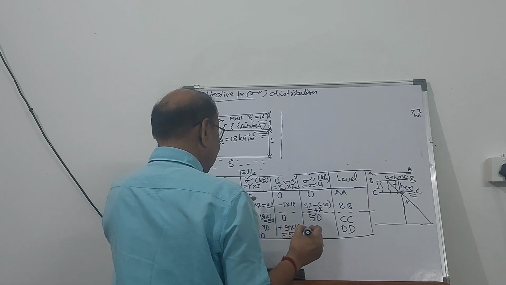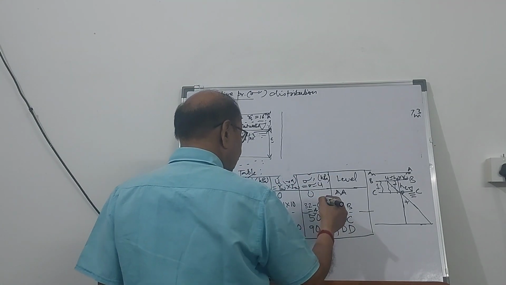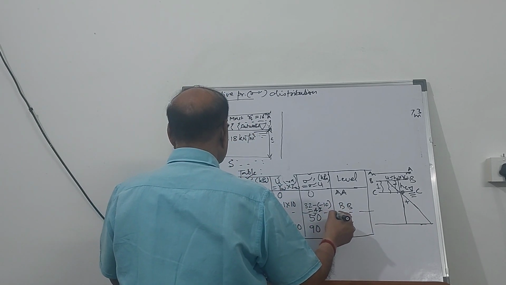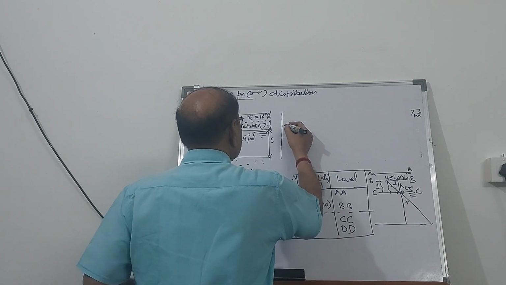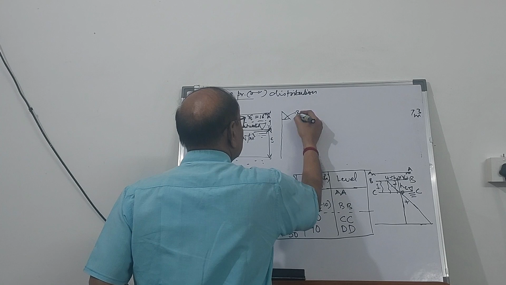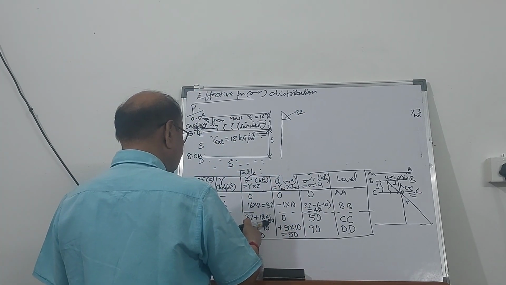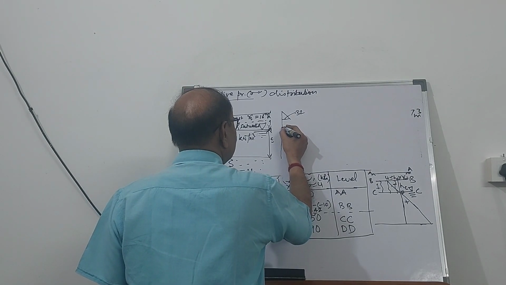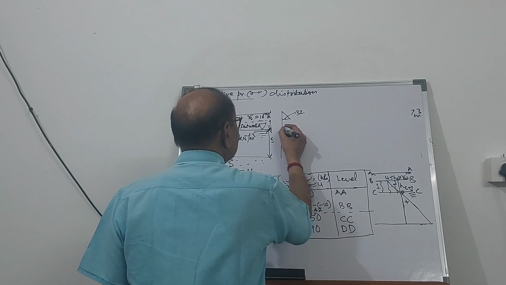If I want to see, there is zero pressure at A. So the pressure is zero here. But the moment you come 2 meter down, your total pressure is going to be 32. So at this level, it is 32 kilopascal. When you come to this level of CC, then the pressure increases from 32 to 50.